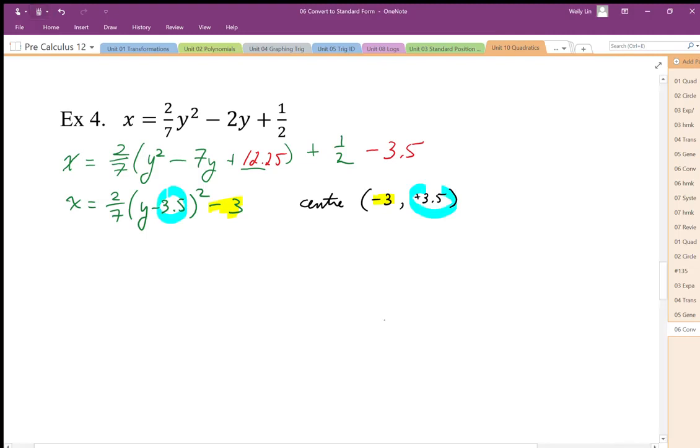This is a sideways parabola, at -3, 3.5, maybe somewhere around there. It's going to be a horizontal compression, so it's going to be kind of a wide parabola because it's going to be compressed by 2/7. So that's what it kind of generally looks like.